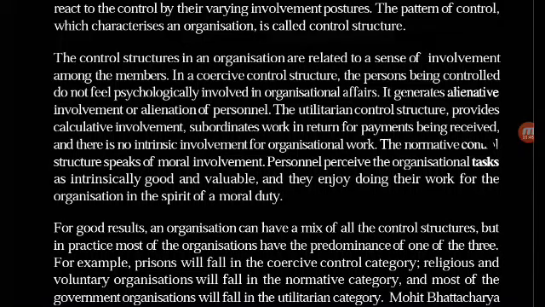It generates alienative involvement or alienation of personnel. The utilitarian control structure provides calculative involvement. Subordinates work in return for payments being received, and there is no intrinsic involvement in organizational work.